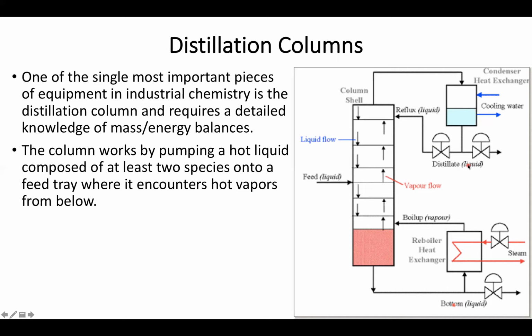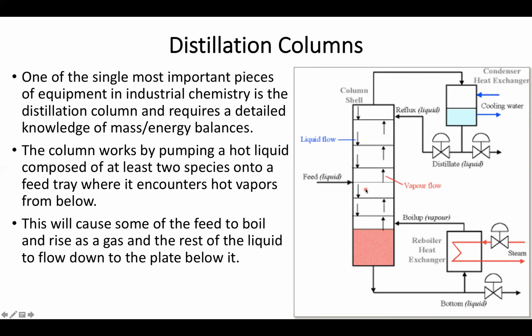Essentially, what we have to watch out for is some little pesky details. So my feed, I'm going to pump out onto a tray, at which point the more volatile liquids will end up being caught up in a vapor, which will rise till it hits the next tray, which will then increasingly become a little bit richer in the distillate.